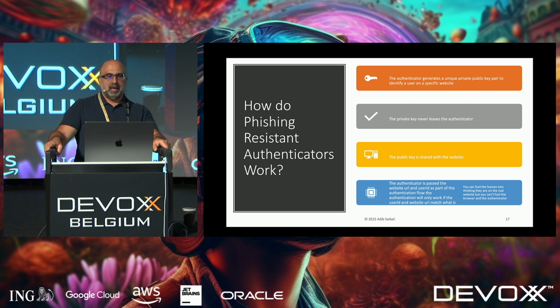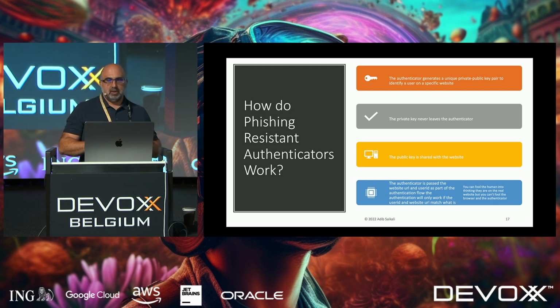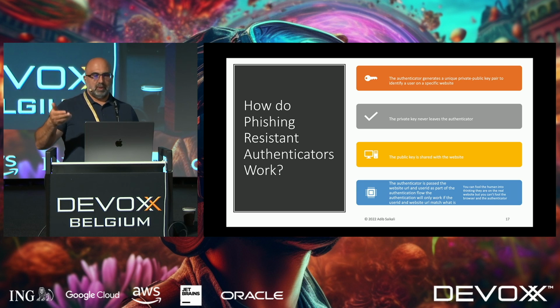So when I logged in with the YubiKey, there's a private key in this YubiKey that's associated with the website WebAuthn.io. The private key never leaves the authenticator. The public key is what's shared with the website.